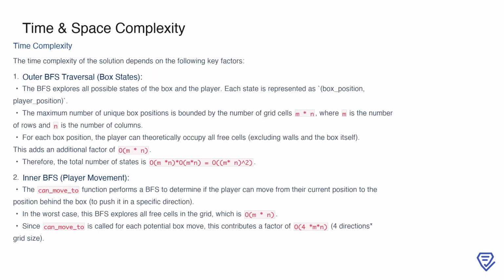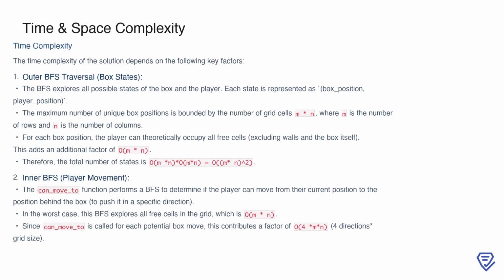To begin analyzing the time complexity, we need to consider the key components of the algorithm. First, the outer BFS traversal explores all possible positions of the box and the player on the grid. Each state is represented as a pair of positions, one for the box and one for the player. The number of unique positions the box can occupy is limited by the total number of cells in the grid, which is m*n, where m is the number of rows and n is the number of columns.